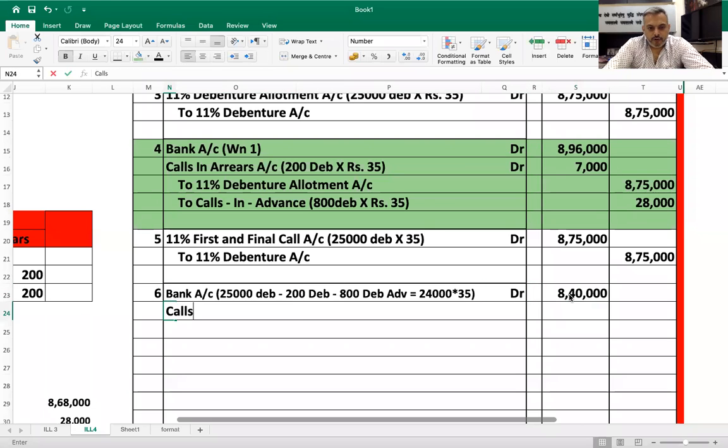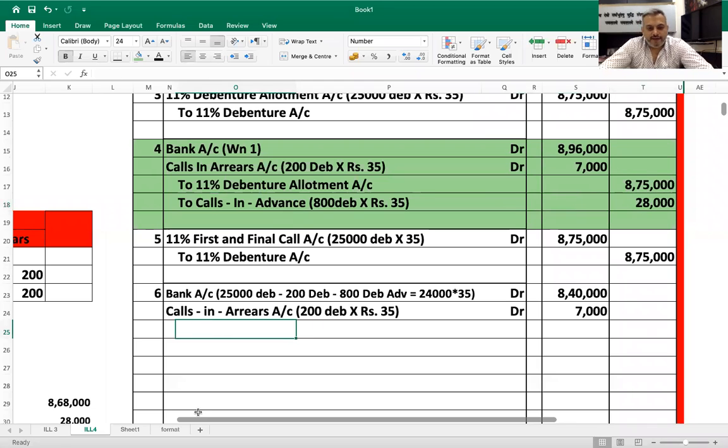At the same time, calls in arrears account, for 200 debentures we did not receive rupees 35, 7,000. Now, this final call, please pay attention. At the time of first and final call, we had already received this amount of 28,000 towards the first and final call.